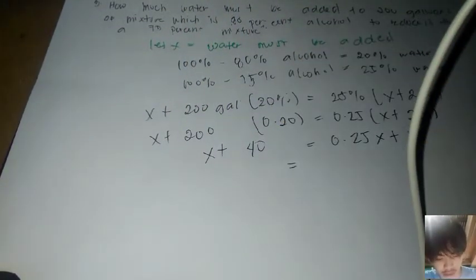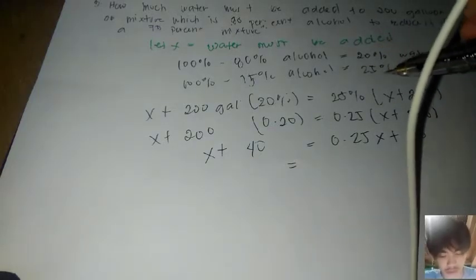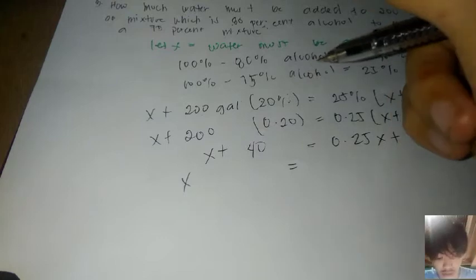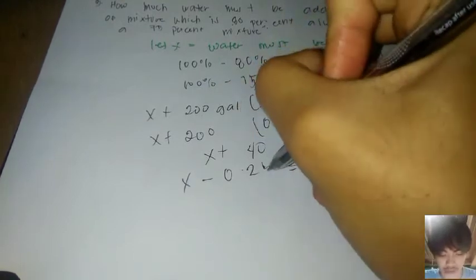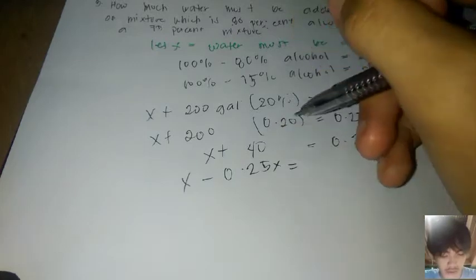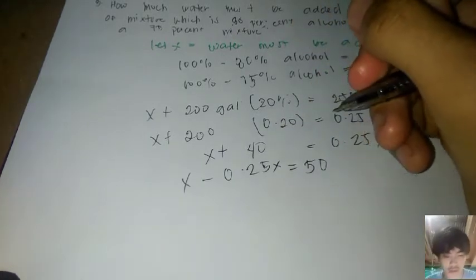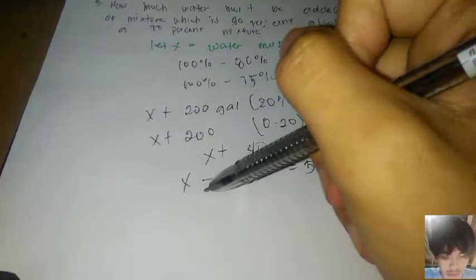After that, we have to move the like terms, so let's copy the x. Let's turn the positive 0.25x into negative, so we have negative 0.25x. And let's transpose the positive 40 to the right side, so let's copy the positive 50 minus 40, and let's subtract the x.